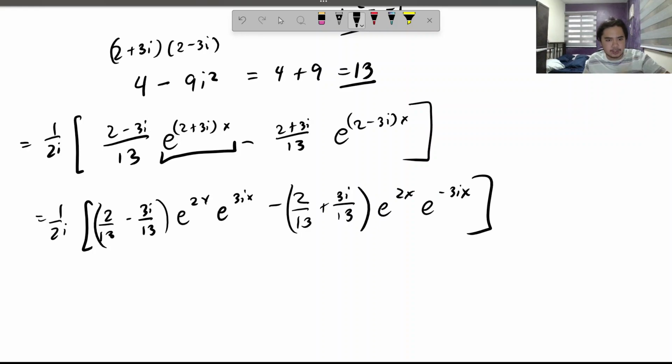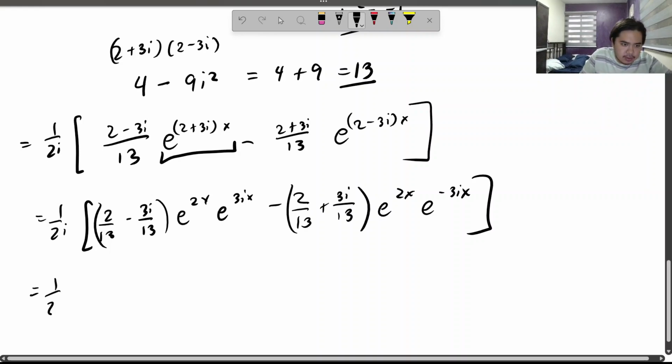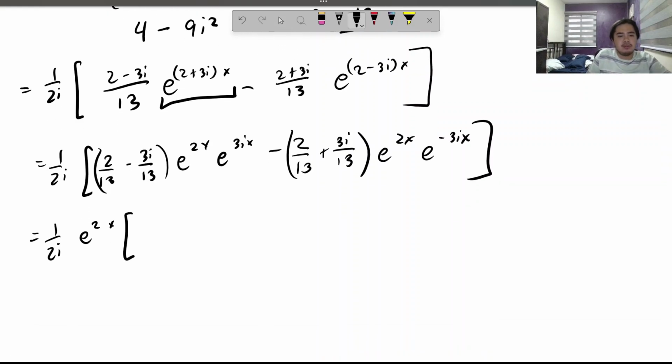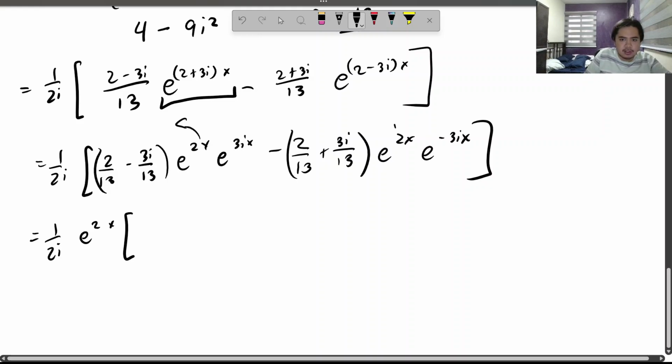Alright, let's put e to the 2x onto the other side. So 1 over 2i here, then e to the 2x, and then this is going to be what's left. So now this is gone, so this has been transported to the other side.